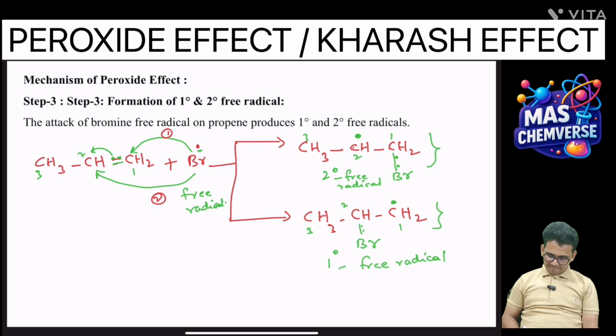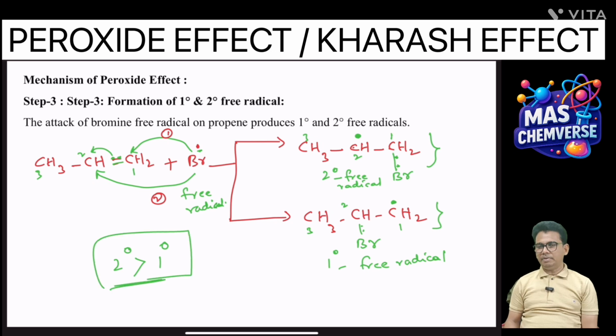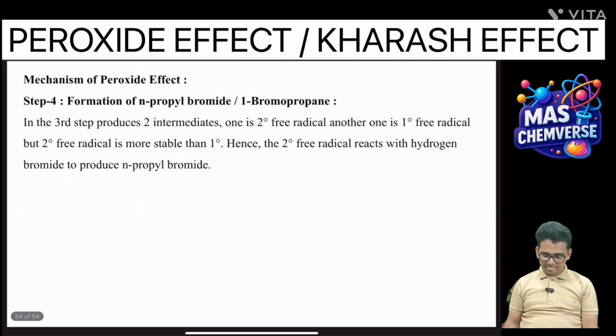Now tell me, which is more stable? Secondary free radical is more stable than the primary free radical. You have to remember this. How? Secondary carbocation is more stable than the primary. In the same way, secondary free radical is more stable than the primary. See how it is going to form the propyl bromide.